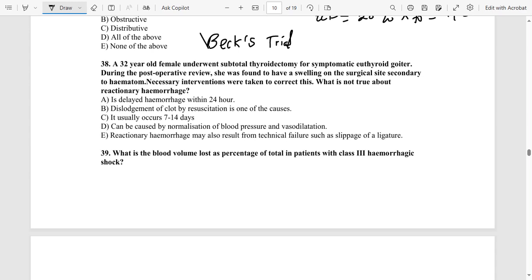Anyone with a thought on this one? Anyone? So we want a statement that is not true about the reactionary hemorrhage that might result into this mass that is present. Anyone?